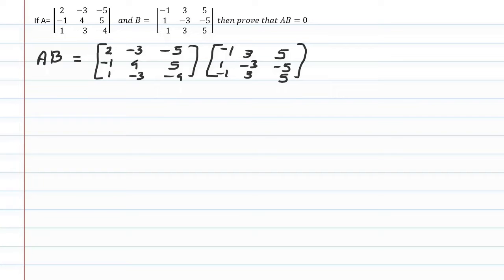So, as usual, we will multiply rows of matrix A with columns of matrix B. How will I multiply?